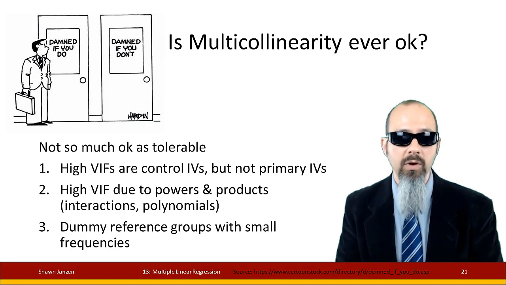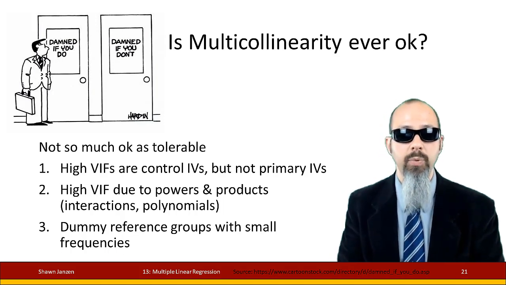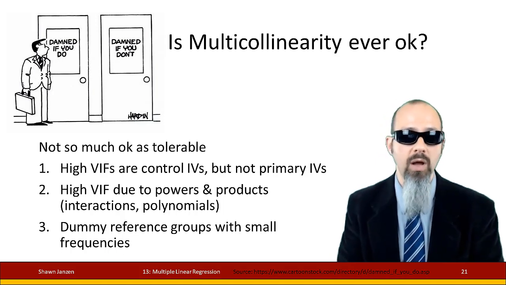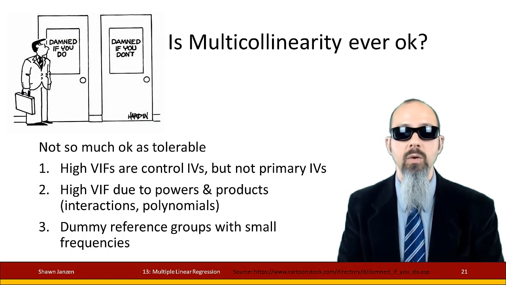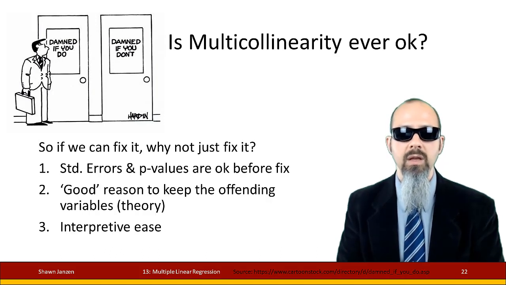I was saying before that one of the selection strategies here was to choose a dummy reference group that has a larger frequency count. That will help offset the problem of having a small reference group count. So keep some of that in mind. The sizes there can mess with some of the standard errors when they're making those comparisons.